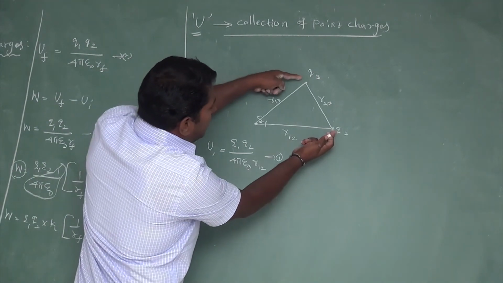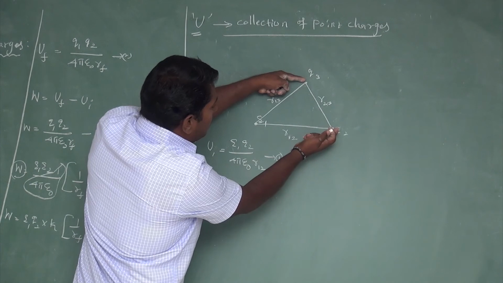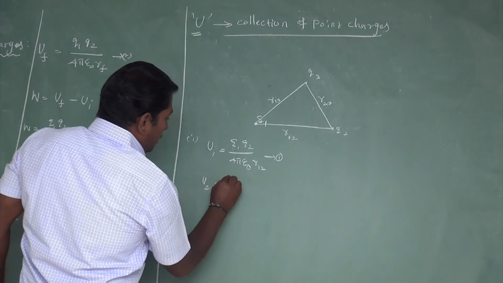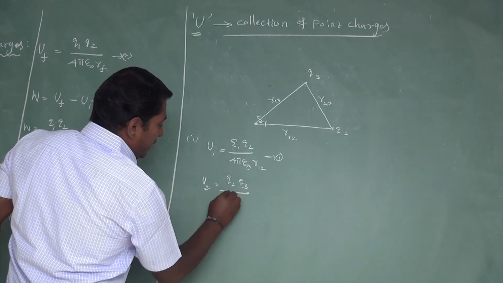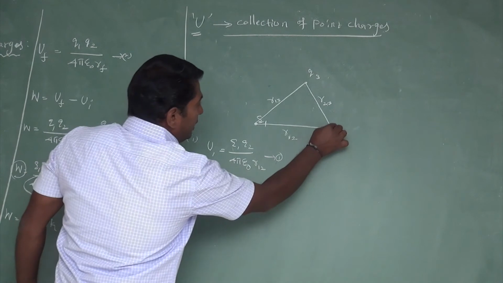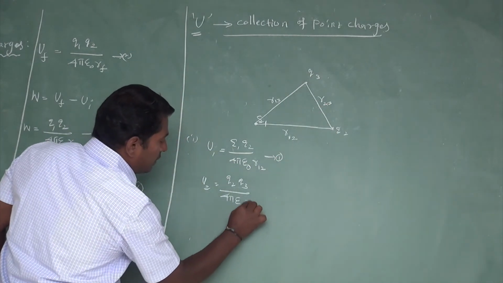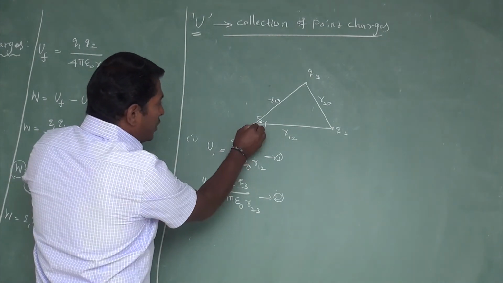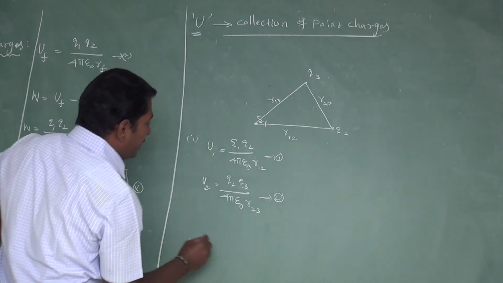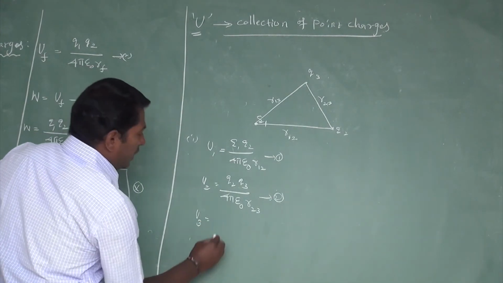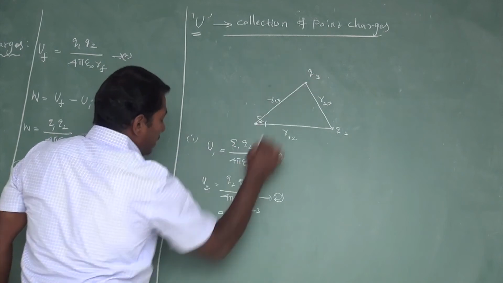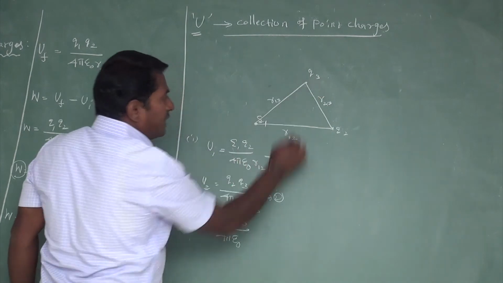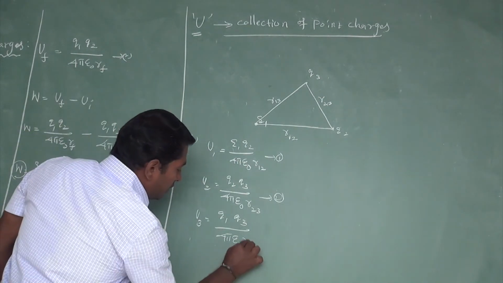Now, the electrostatic potential energy between two point charges Q2 and Q3, that is U2, is equal to Q2 Q3 divided by 4 pi epsilon naught R23. Equation number 2. The electrostatic potential energy between Q1 and Q3, that is U3, is Q1 Q3 divided by 4 pi epsilon naught, where the distance of separation between the two point charges is R13.